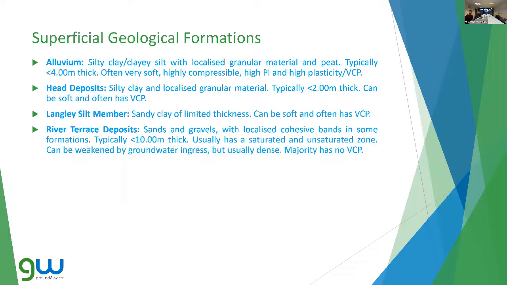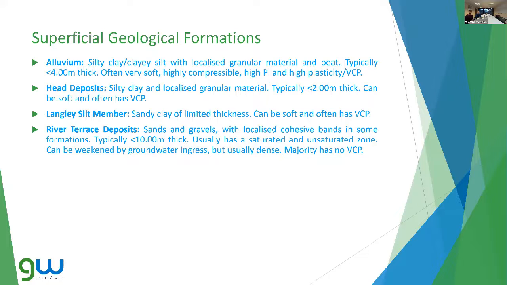We do have head deposits. Head deposits are not always mapped, so there may be head deposits which you may encounter, to some depths that you have to take into account after you find them. Typically they are about 2 meters thick, they can be more. They do have volume change potential and they're often followed by the London Clay Formation, which is the bedrock.